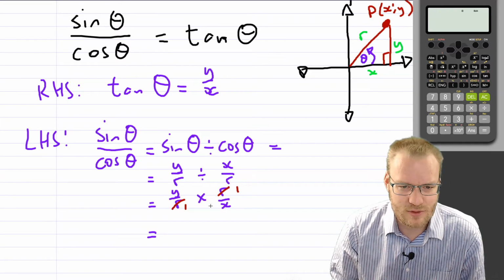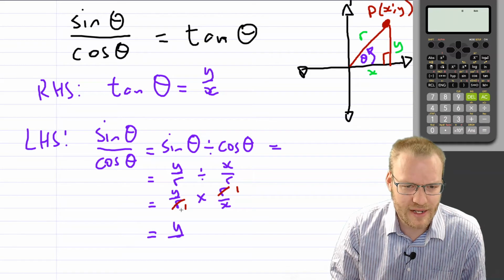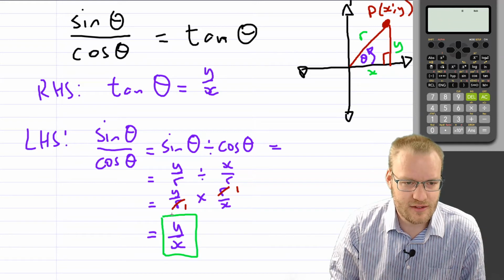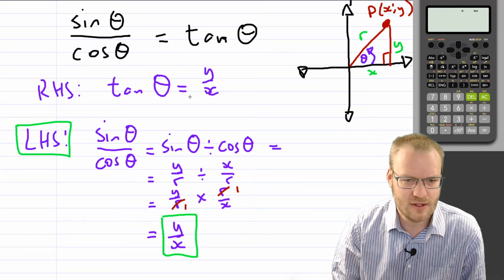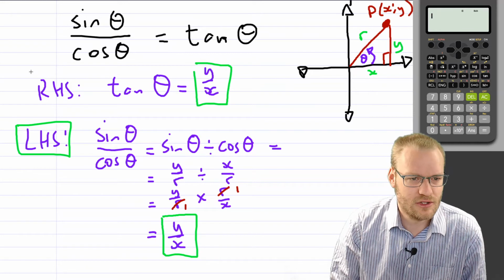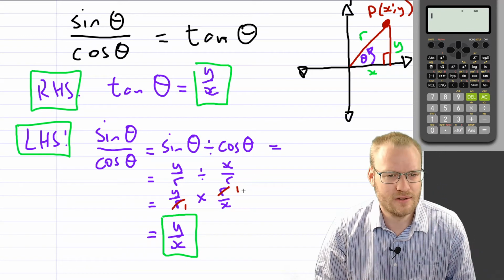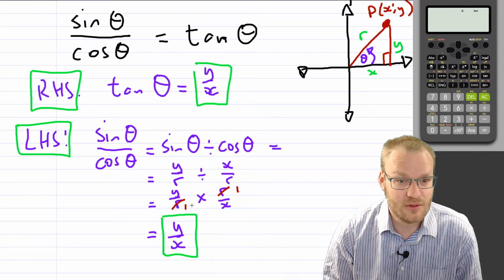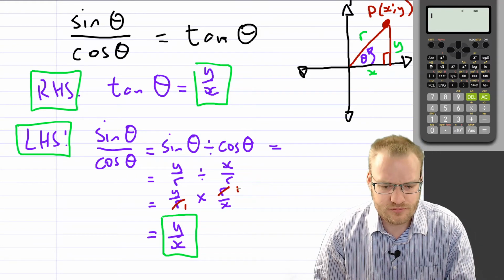So y times 1 is y. 1 times x is x. Y over x, hey look, these are the same. Y over x is our left-hand side, and y over x is also our right-hand side. And there we go. That means that those two must be equal. So there's our proof for the first one.